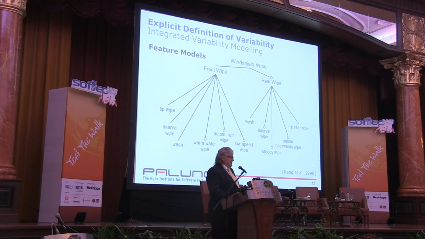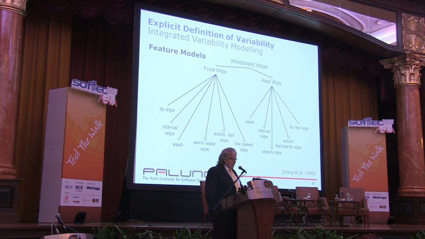Feature models again, since nobody raised their hand, was a feature model. This is an example for a feature model, a simplified one from the automotive domain about the wipers, the windshield, the front and rear wipers. In a feature model, as you can see here, there are only a few concepts, namely the observable features.